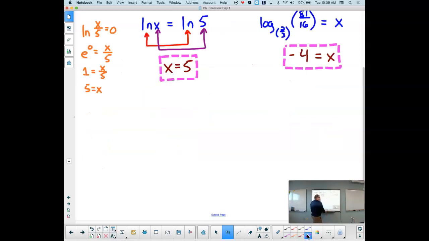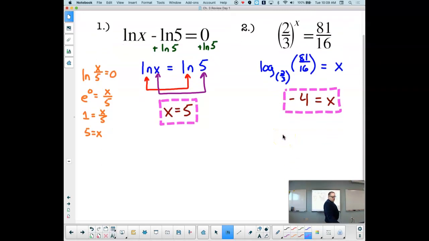Now, another way to go about thinking of that same exact one would be to say, oh, well, I'm kind of looking at these and I'm thinking, okay, I've got 2/3 to the x power, and I've got 81/16. Well, 81 is a power of 3, 16 is a power of 2. They're both to the 4th power, so this would be like 3 to the 4th power over 2 to the 4th power.